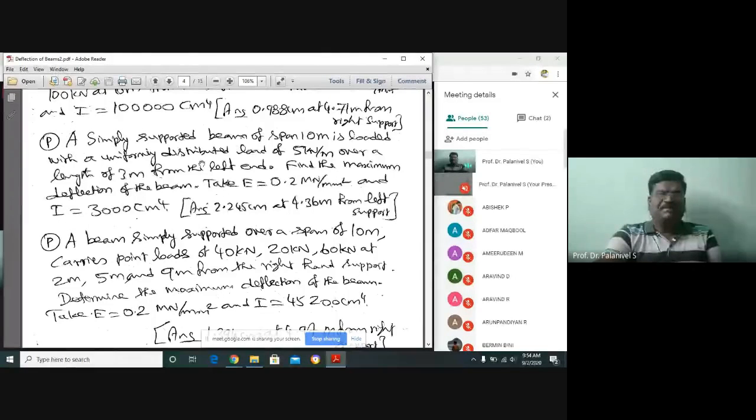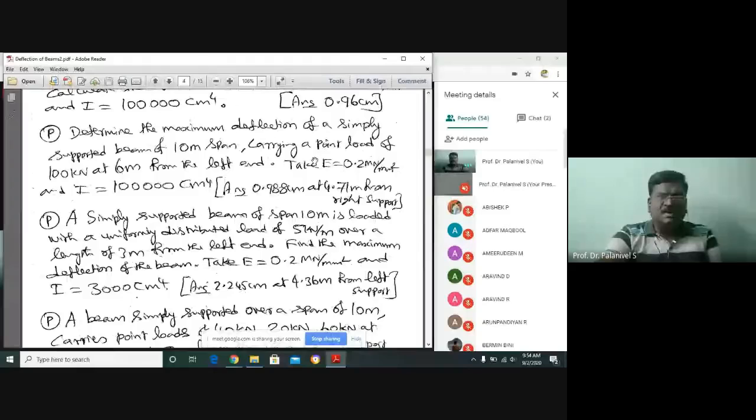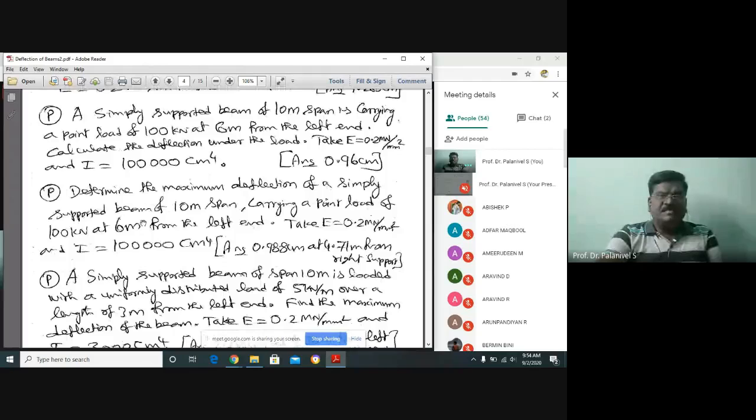A simply supported beam of span 10 meter is loaded with a point load. What is the difference between this problem and that problem? Determine the maximum deflection of this simply supported beam. They are similar problems with a similar load diagram.